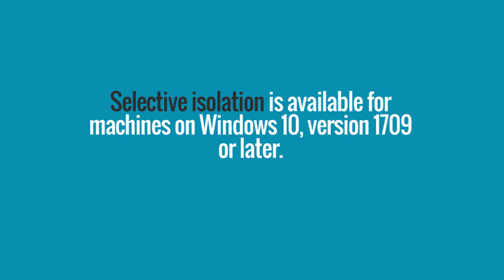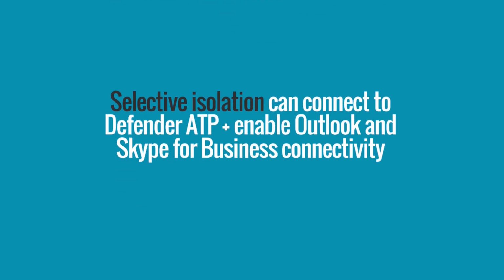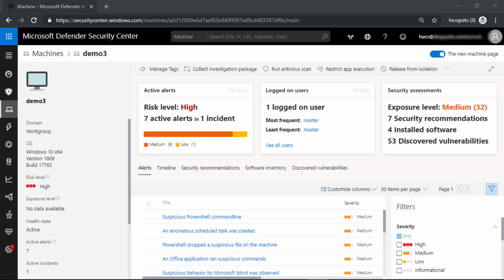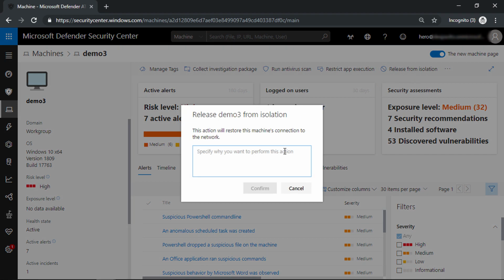Selective isolation means the machine can only talk to Microsoft Defender ATP cloud services and allow the user to use Outlook and Skype for Business. Now, depending on the severity of the attack and the state of the machine, you can choose to release the machine from isolation after you have verified that the compromised machine has been remediated.